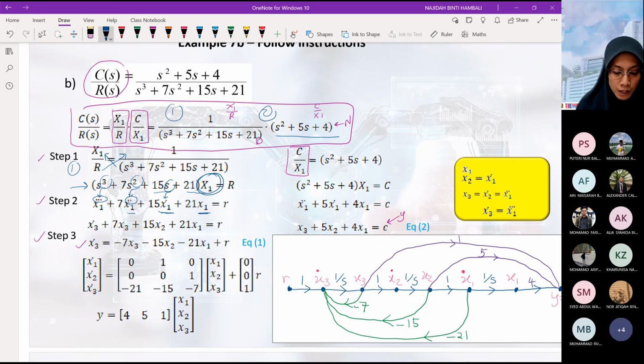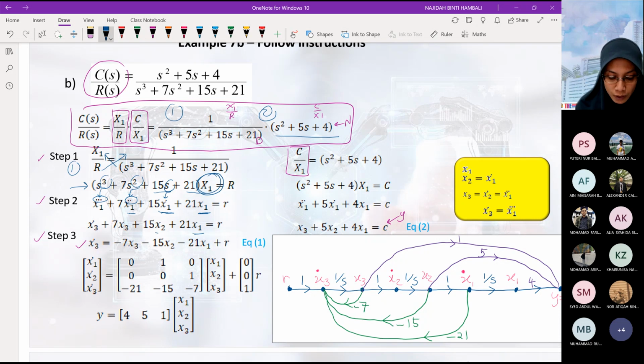So here we can already guess, if it is a third order polynomial, you will have 3 state variables, x1, x2, x3. If you have a second order polynomial, you will have two state variables, x1, x2. If you have a fourth order polynomial, you will have four state variables, x1, x2, x3, x4. So start with the function without s, 21 x1, so that maintains x1.